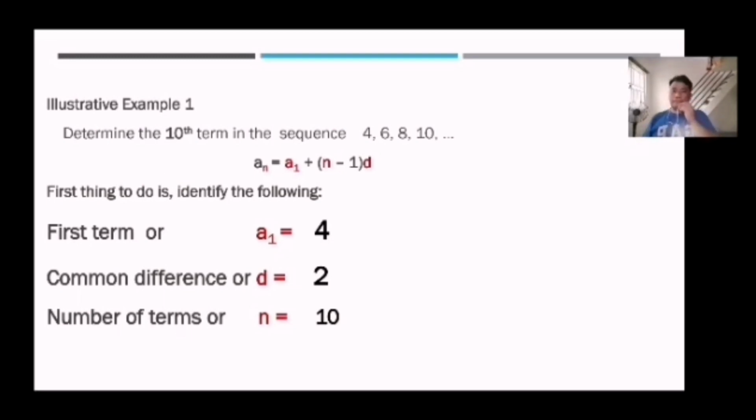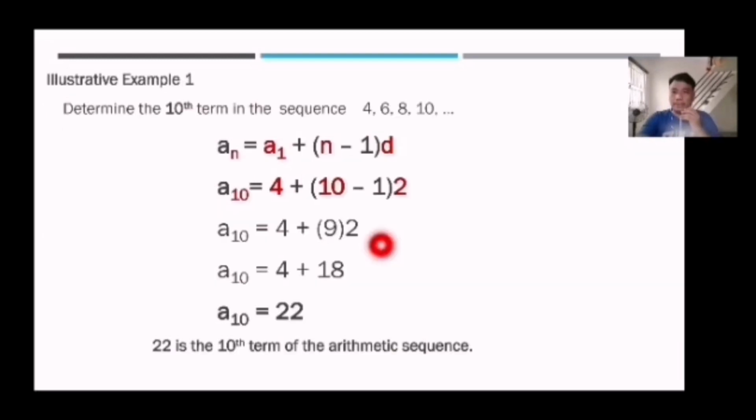Okay, so now that we have these 3, we can now solve for the 10th term of that sequence. Again, the formula of the arithmetic sequence. Substitute the values. n becomes 10, a sub 1 is 4, n is again 10, and common difference is 2. Okay, first thing to solve is 10 minus 1. That gives us 9.